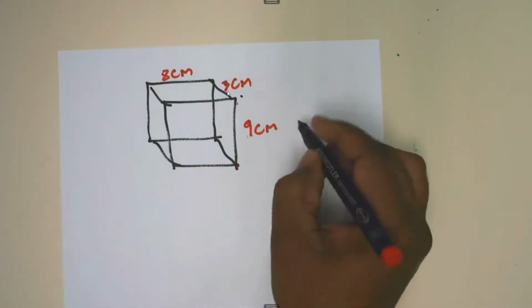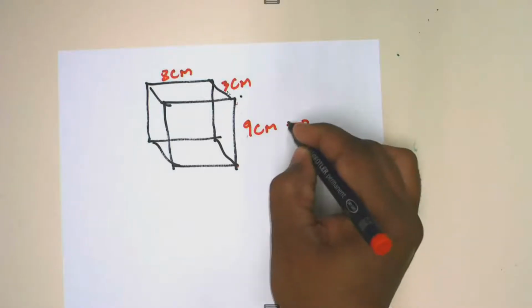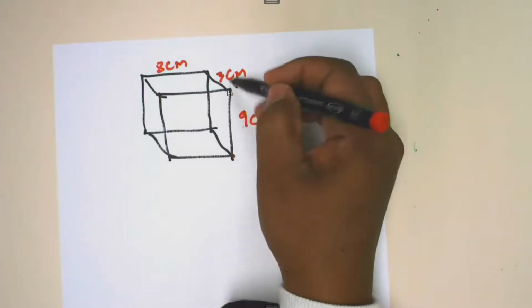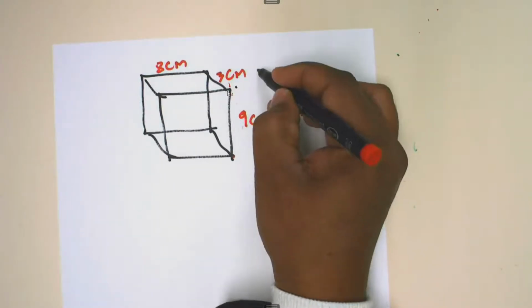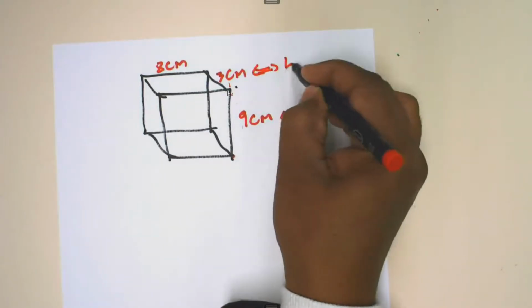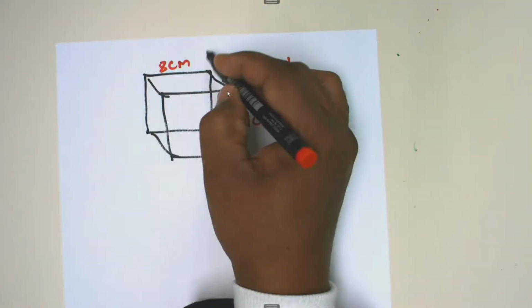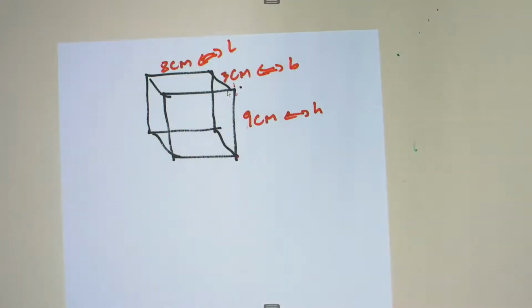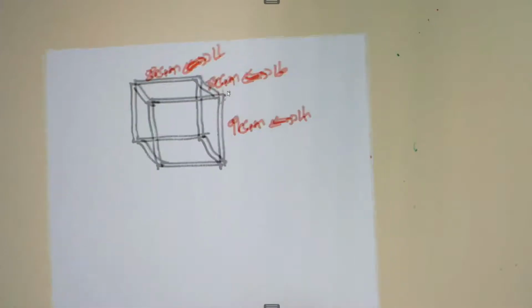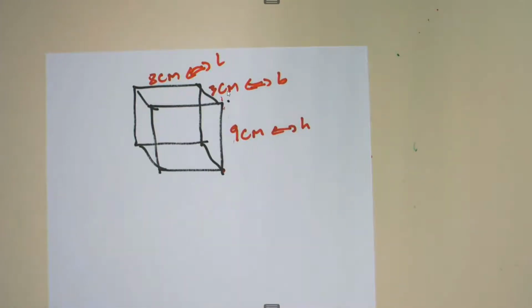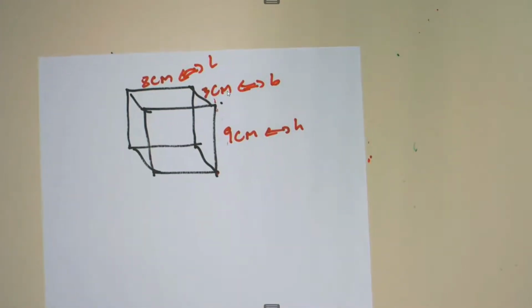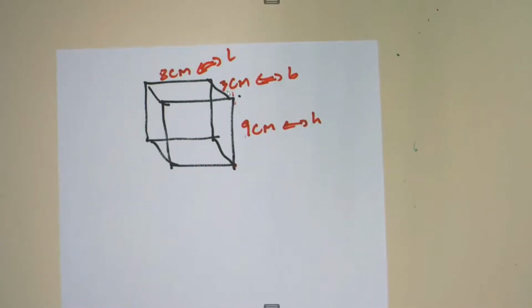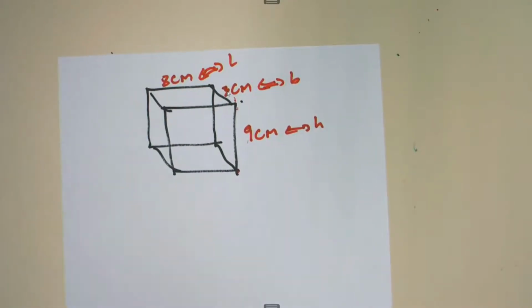That is our height, and this one will be definitely the breadth, and this will be the longest side. We'll say that is the length. And therefore, how do we calculate the volume of this rectangular prism, which by the look of an eye looks more like a cube, but it's not a cube. Hence we need to be accurate when we are drawing.